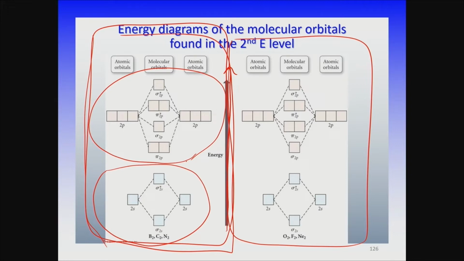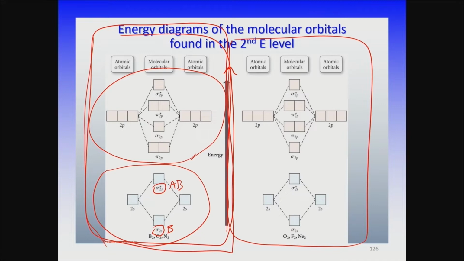The light blue region describes how you can take two s orbitals in the second energy level of two different atoms and form two molecular orbitals. One will be a sigma 2s orbital, and the other will be a sigma star 2s orbital. The sigma 2s is a bonding orbital, and this one is an antibonding orbital.